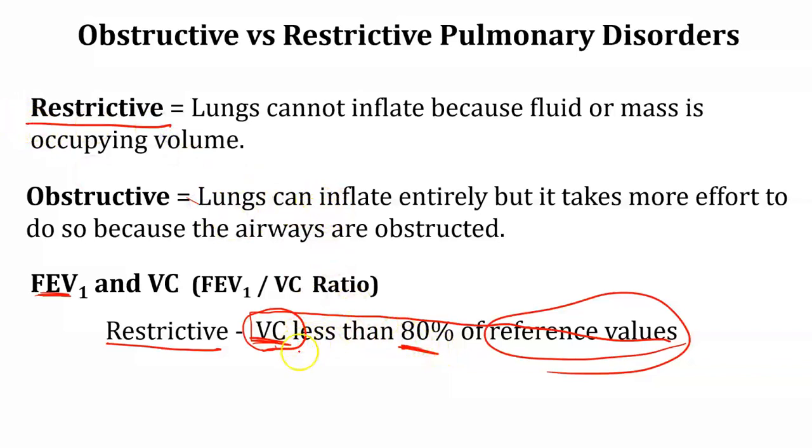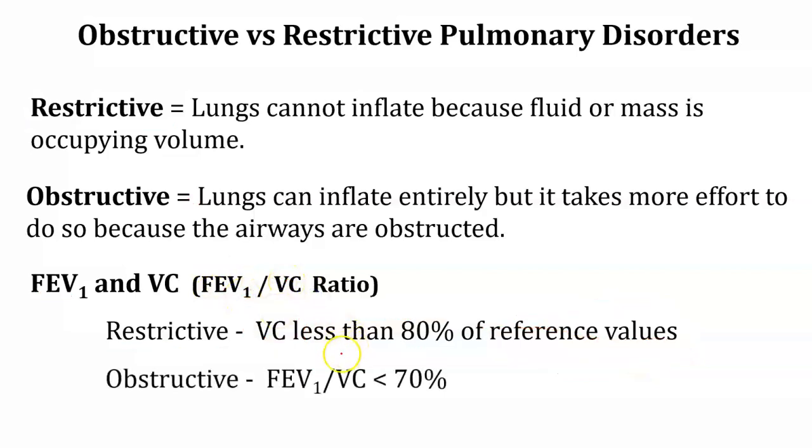If it was, that would suggest a restrictive disorder. If the vital capacity was totally normal, then what you could do is assess the FEV1 and vital capacity ratio. So it looks something like this. If you have the patient breathe in as much as they possibly can and then breathe out forcefully as hard as they can and as long as they can, if you see how much of that air they breathed out in 1 second and you compare it to the total amount of air that they breathed out, it should be greater than 70%.